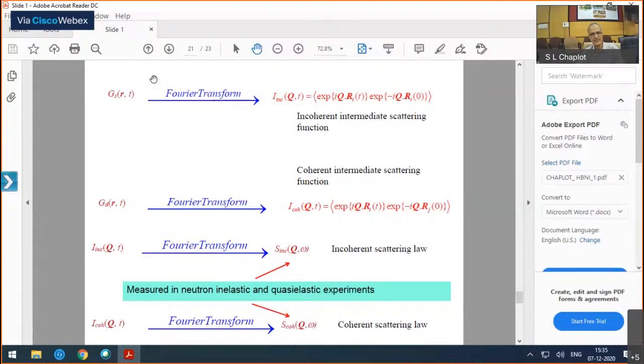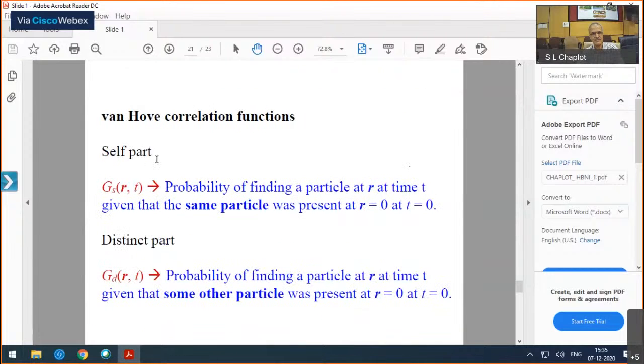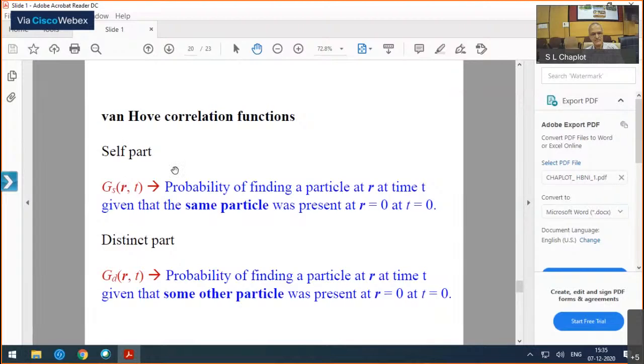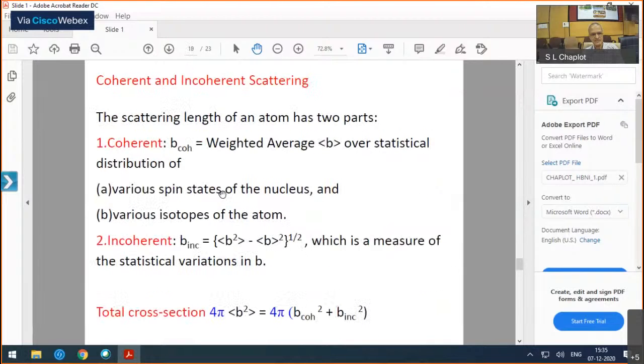Now, I'm not sure whether you have really got it all right, but just to recall what we have done: you have two kinds of scattering, one which is capable of interference between the waves scattered by different atoms, and the other which is not capable of interference.